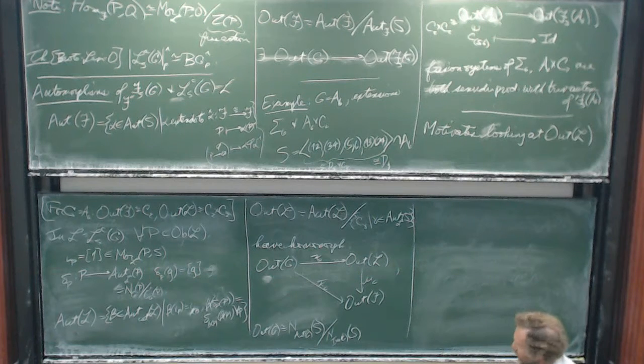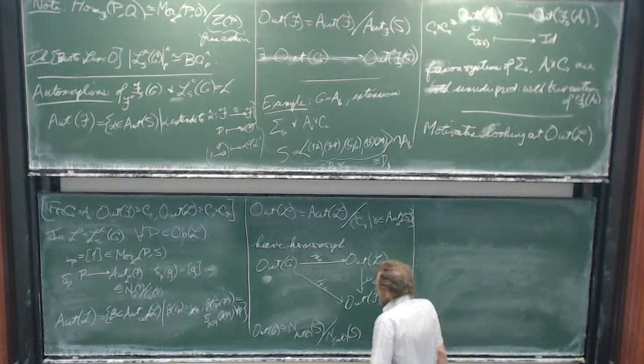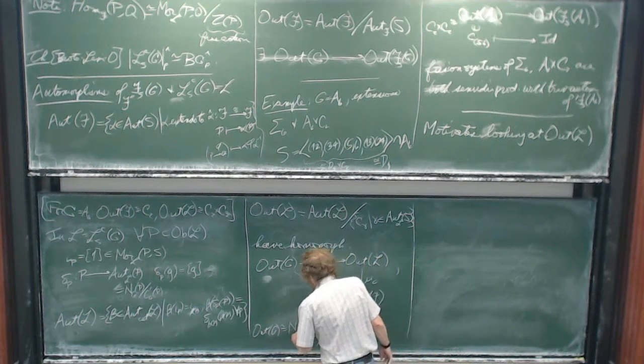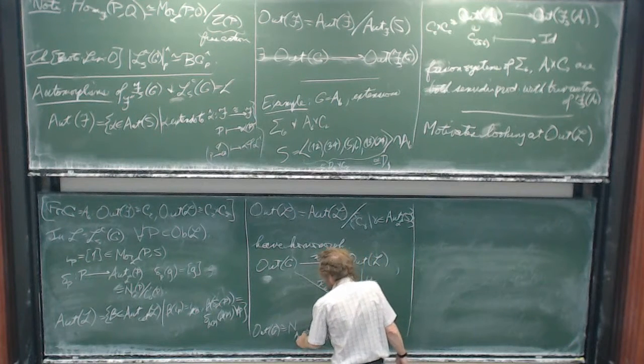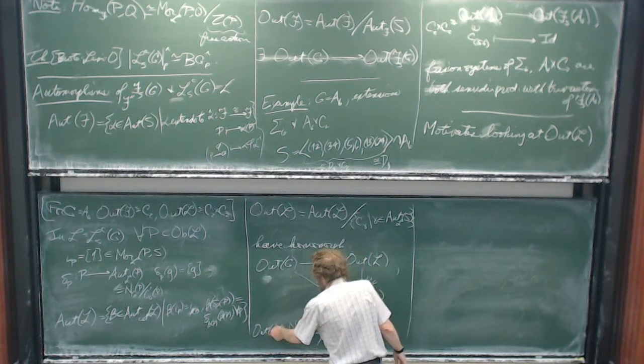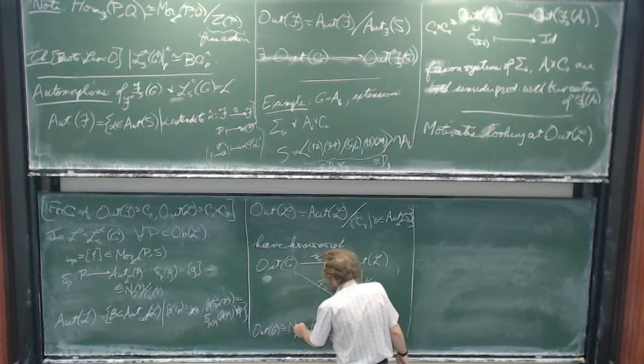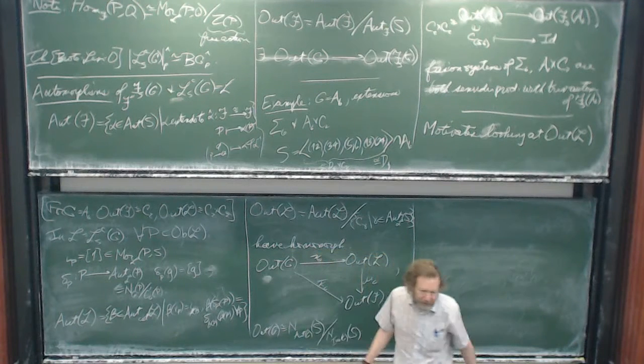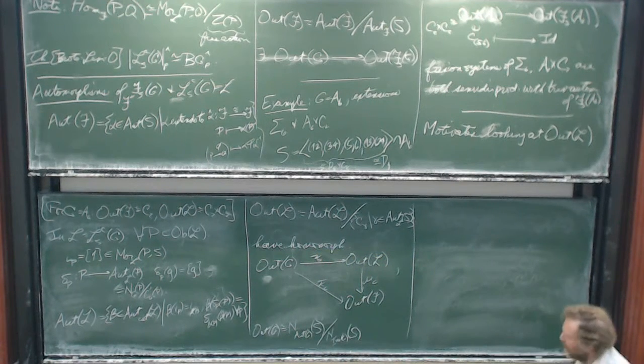Okay, so that's straightforward. It's just a matter of checking that every class in Out(G) contains an automorphism that sends S to itself, which is some version of the Frattini argument.